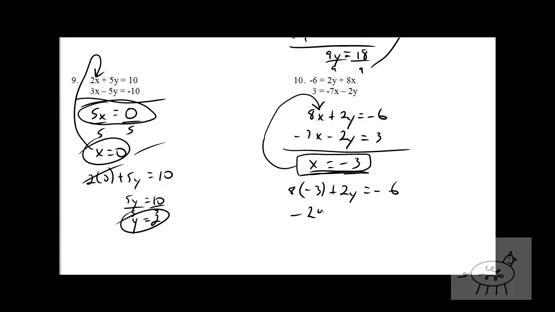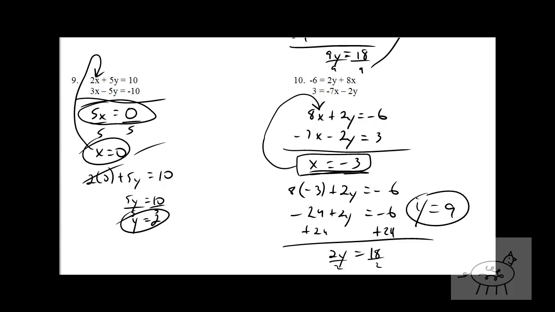So negative 24 plus 2y equals negative 6. Add 24 to both sides. So 2y is equal to 18. And then divide by 2. So y equals 9. So there you go. X is negative 3 and y is 9.